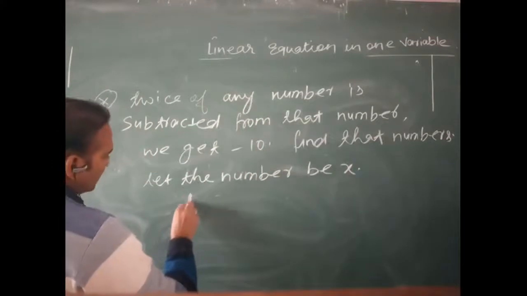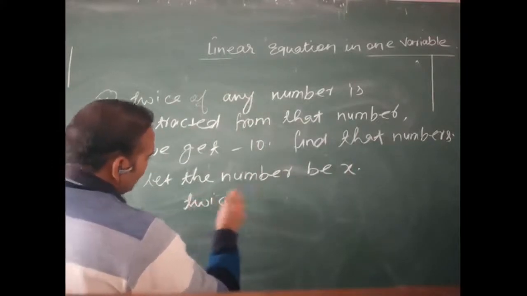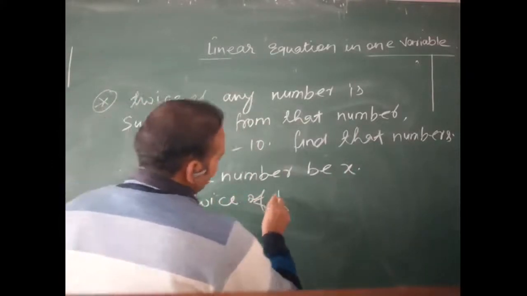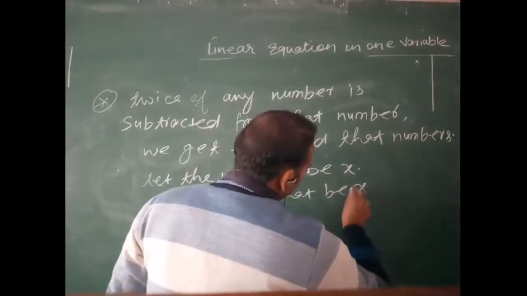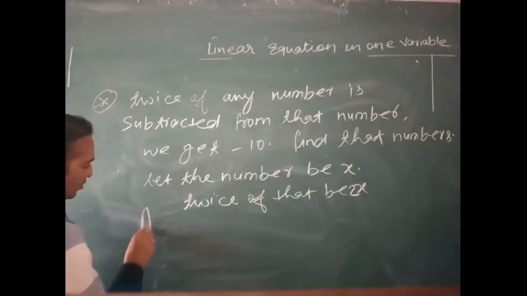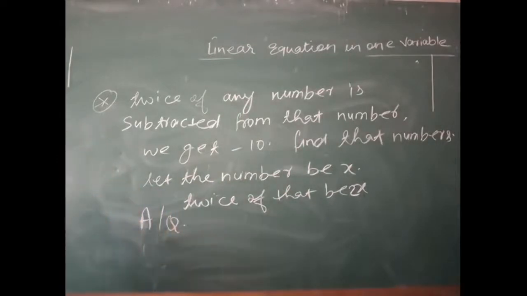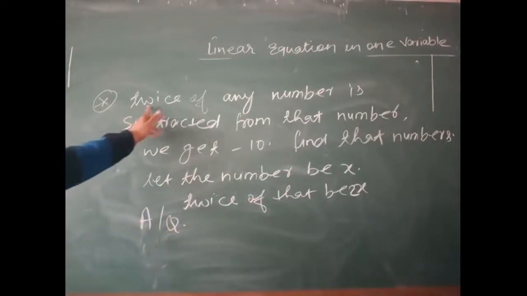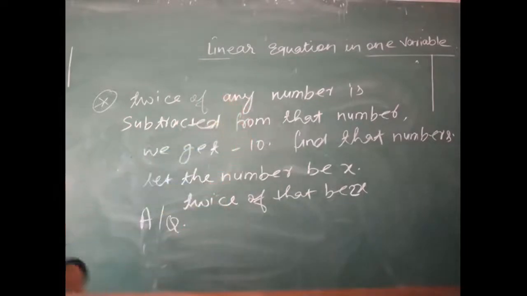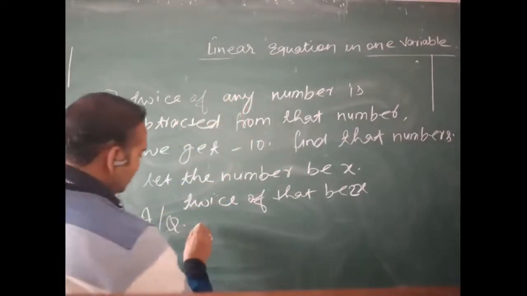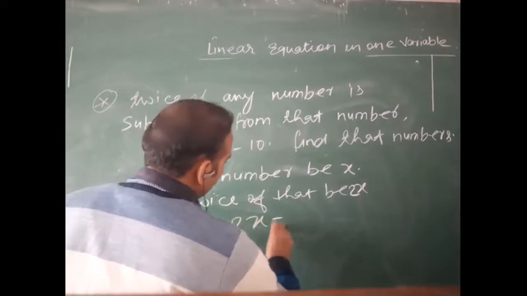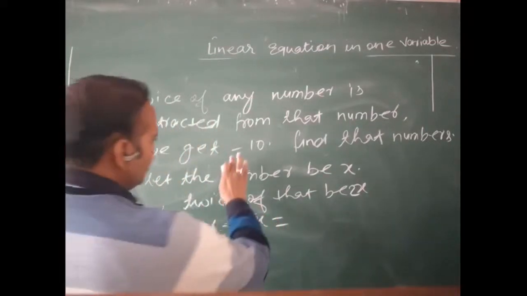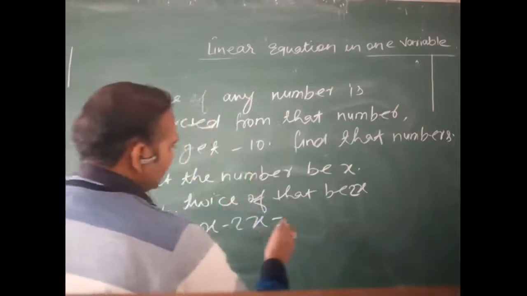And twice of that number will be 2x. Now what according to the question? Twice of a number is subtracted from a number. That is x minus 2x. And what do we get? Minus 10.